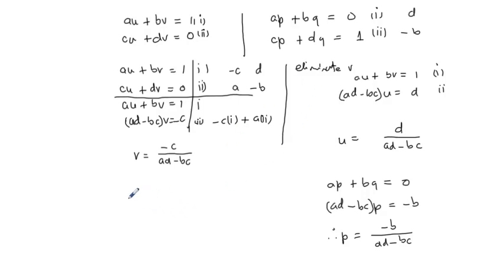The next one, we're going to write the same equation again as AP plus BQ equals to 0.